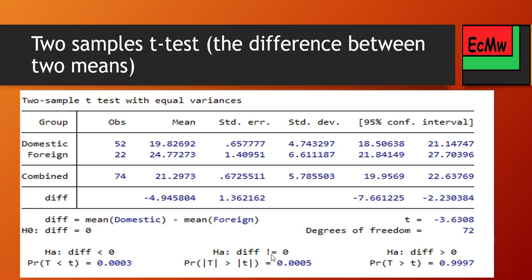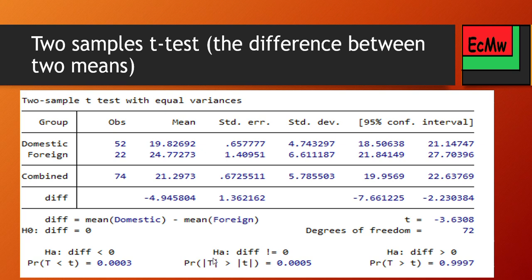So see, the p-value that we got from Stata is 0.005. And this p-value is less than the 0.05 that we have set as our cut point. Now, if we find the p-value less than 0.05, like in this case, it means we are rejecting the statement that says the difference is equal to 0.